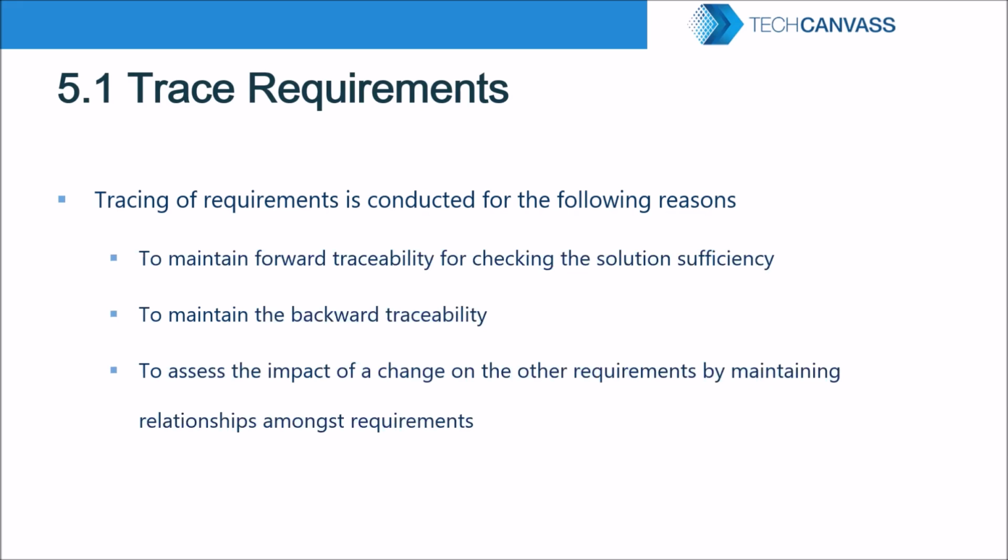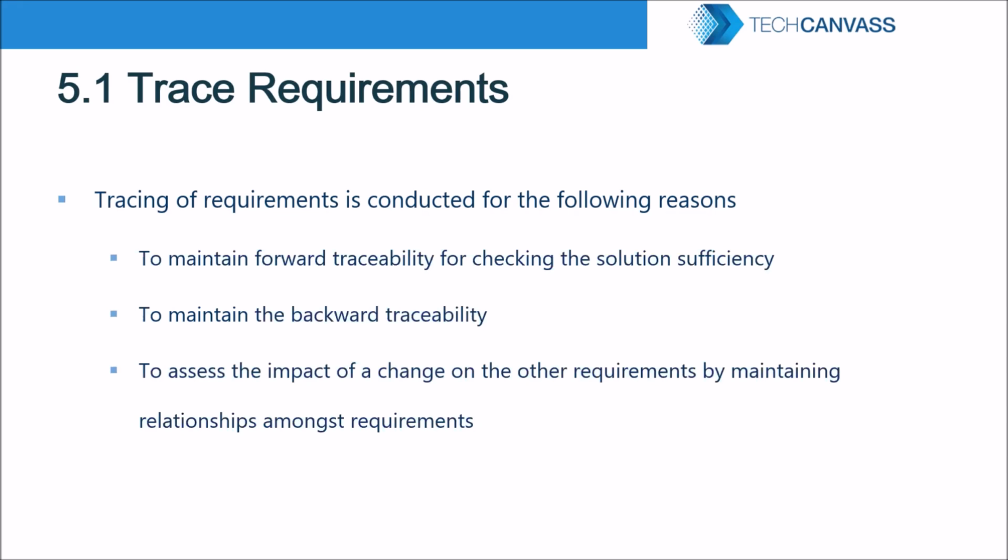The third aspect of tracing of requirements is you should be in a position to track or trace or have an assessment of what is the impact if one of the requirements gets either changed, eliminated, or there is some new requirement which is going to have an impact on this requirement from all sides.